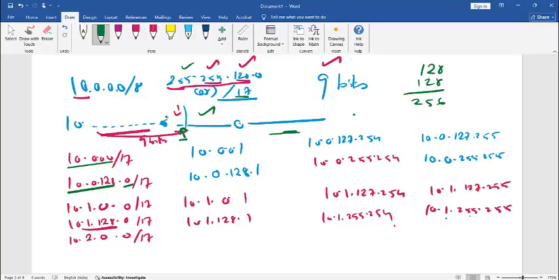If I have 8 bit, 1, 2, 4, 8, 16, 32, 64, 128. In 8 bit, do you see 256? No, 255 only. The 9th bit only you get 256. But the 9th bit is not in that same octet, it is in the next octet, isn't it? Yes.